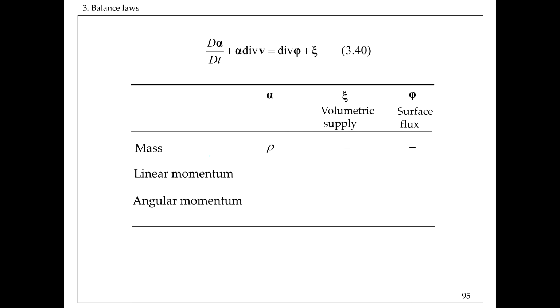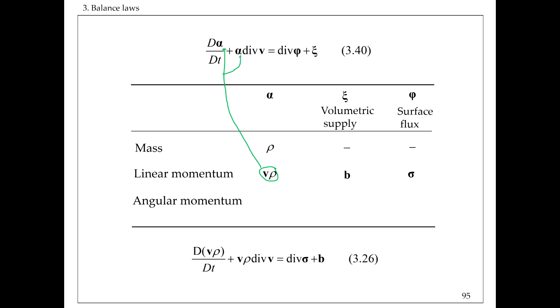Okay, with linear momentum, our linear momentum is the multiplication of v and rho. For that, the volumetric supply was the body forces. So this linear momentum would go exactly in here, as that alpha.